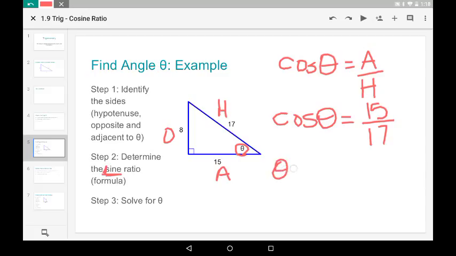You rearrange and you get theta is equal to the inverse cosine of 15 over 17. And then when you sub that in, again making sure that your calculator has degrees selected, you get approximately 28 degrees. Okay, pretty straightforward, I hope.